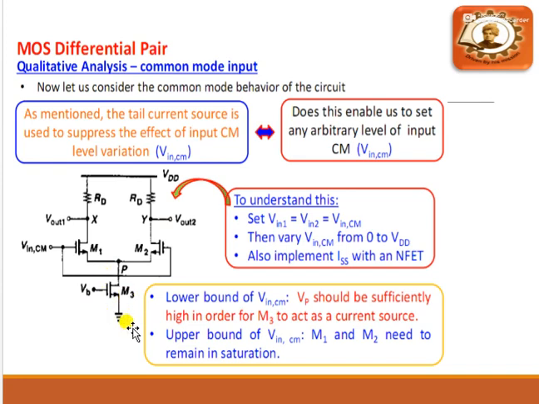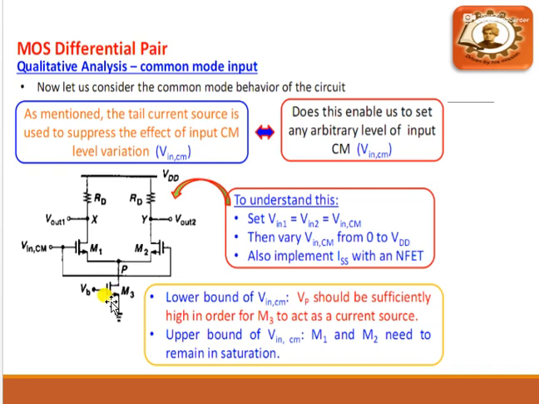Here this tail current M3 plays a vital role to suppress the effect of input CM level variation, and that will be achieved when Vp is sufficiently high to make M3 a current source. That condition gives our lower bound of VIN,CM.